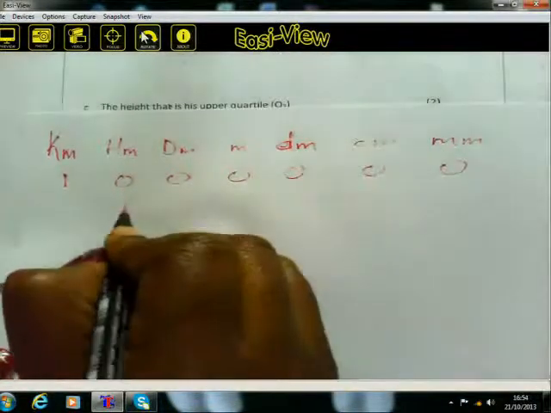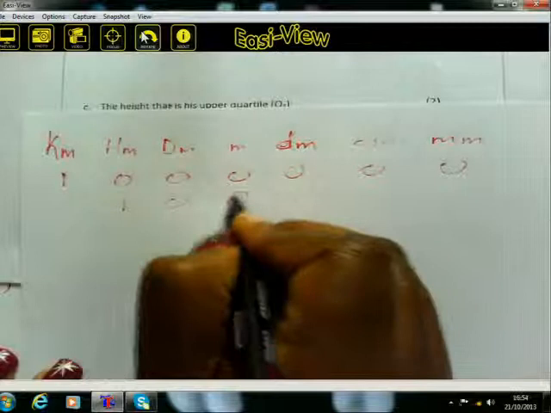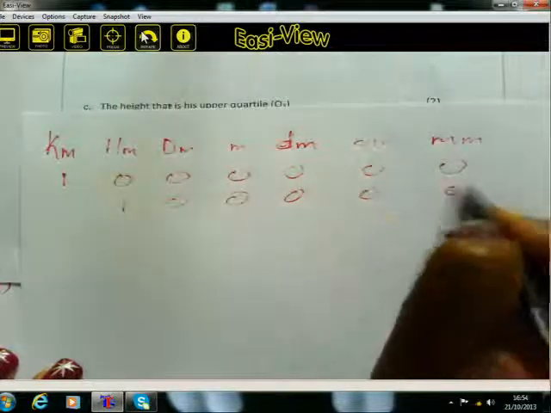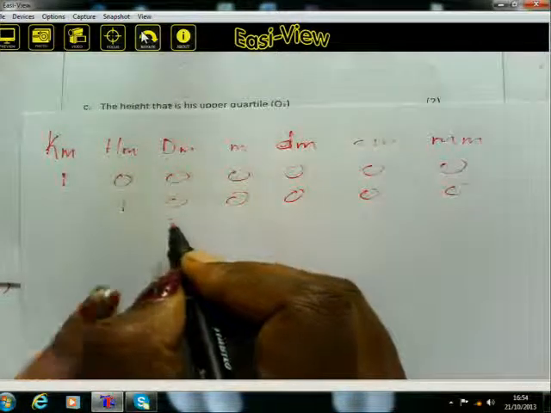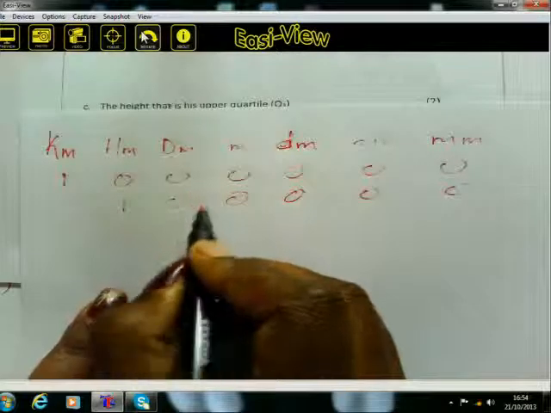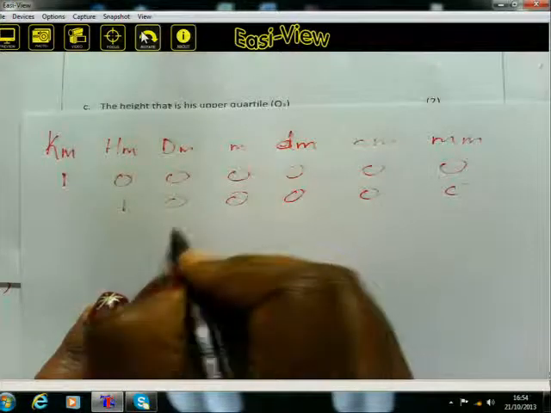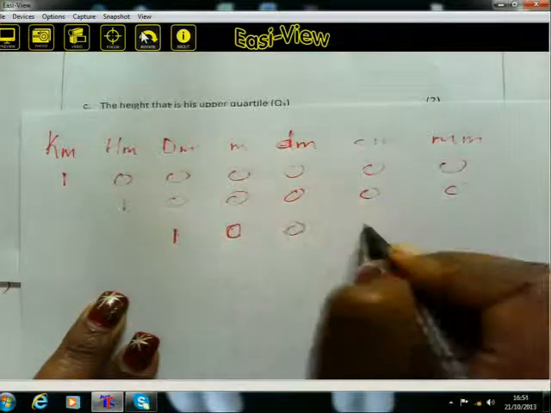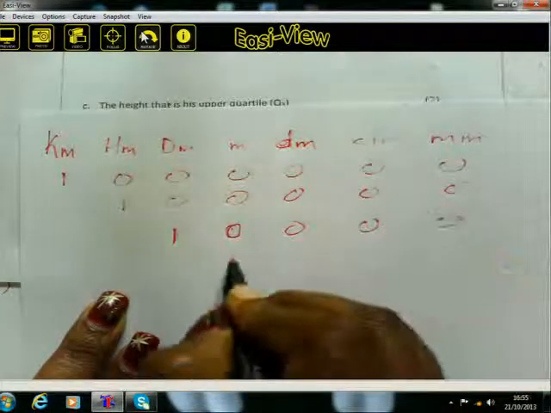Then the rest will follow after this, like that. Then you skip hectare now, you go to decameter, 1, 0, 0, 0, 0.